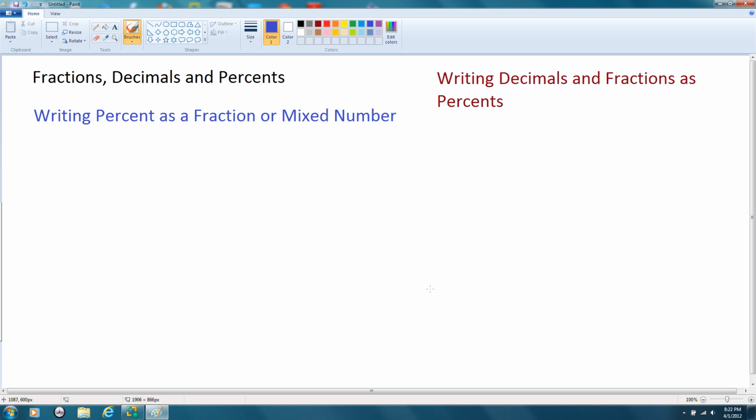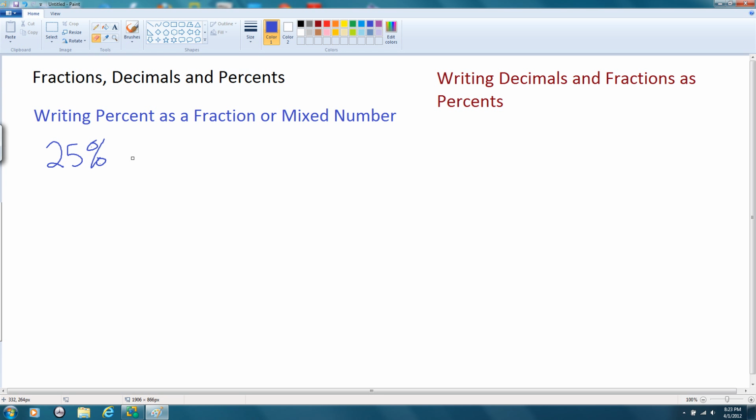So let's say I have 25%. Now our goal is to make that into a fraction.